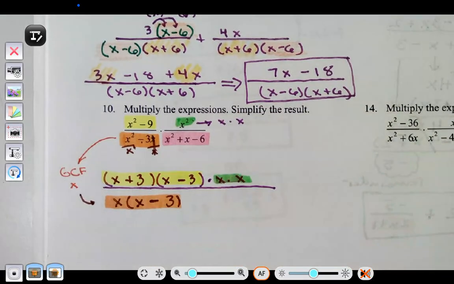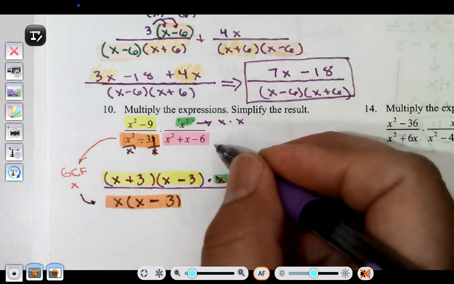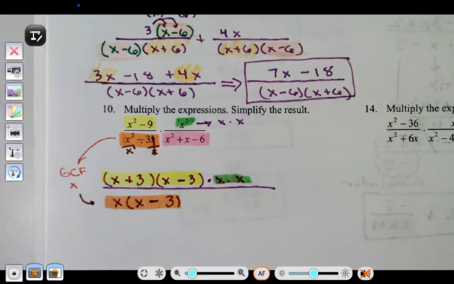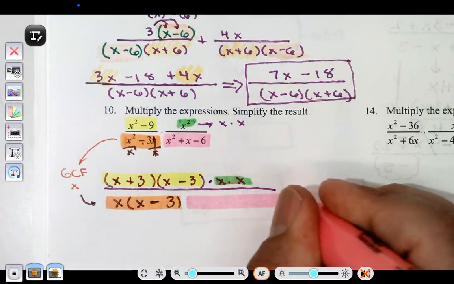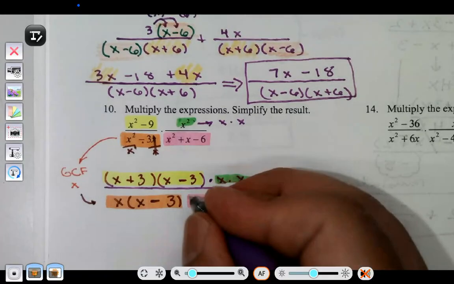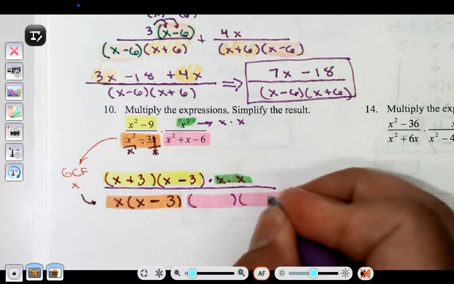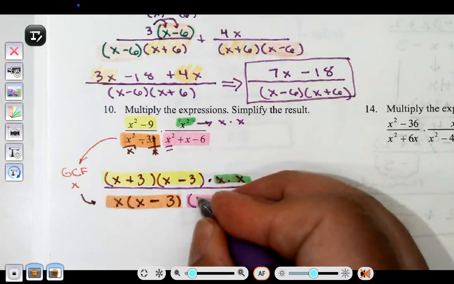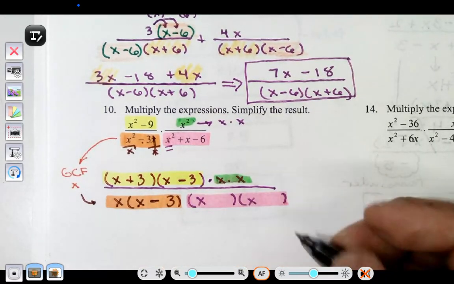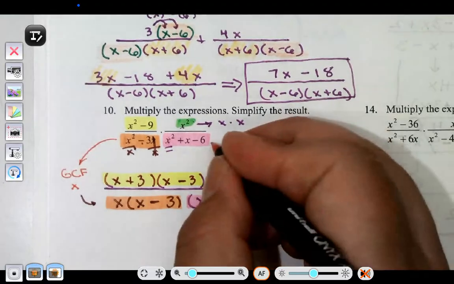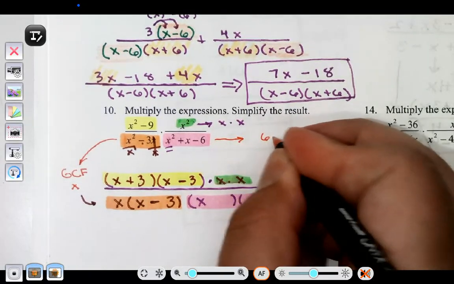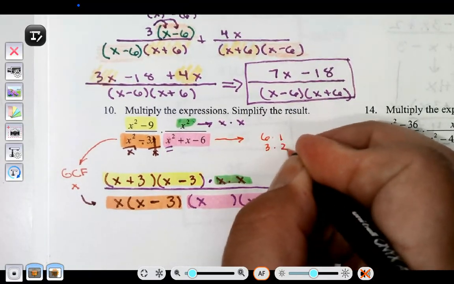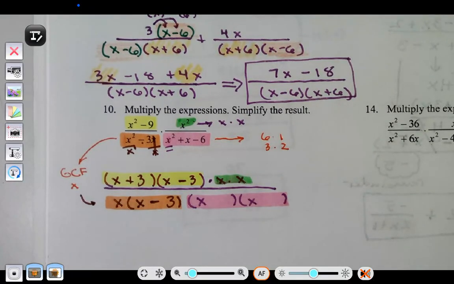Which leaves us with this last one here. x squared plus x minus 6. Well, this is a trinomial, so I know I'm definitely going to be able to factor that. So remember, this is all where we practice our factoring. I'm going to have two parentheses. There's an x squared, so that means x and x. And all I have to do now is break down the 6. 6 times 1, 3 times 2. Those are my options for getting a 6.